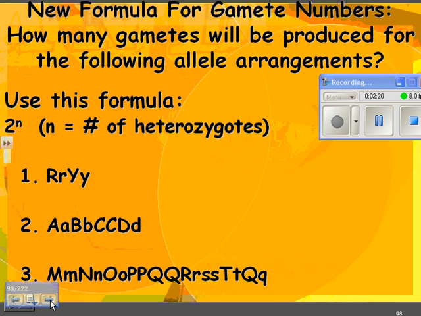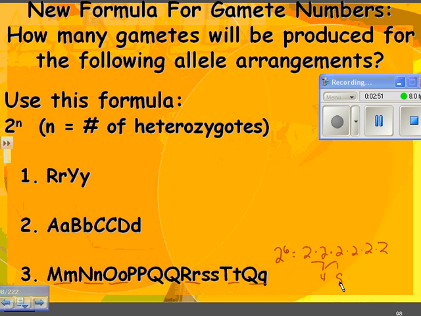How about this one? 1, 2, 3. And I'm not going to count that because that doesn't add any variety there. I'll have a big P. This is 4, 5, 6. So that's 2 to the 6. Oh my goodness, I have to do math. 1, 2, 3, 4, 5, 6. 2 times 2 is 4.